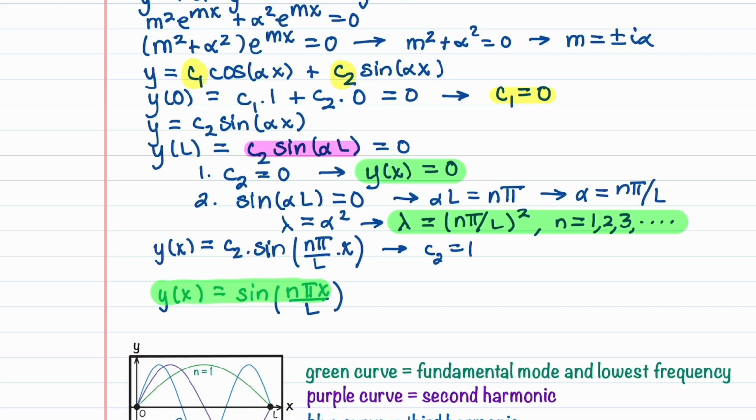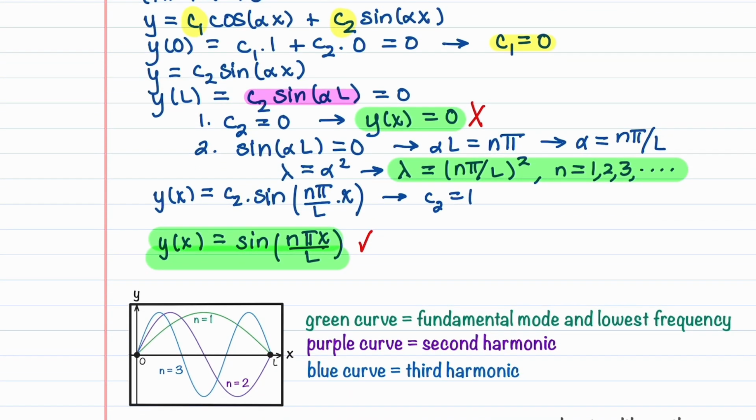Remember, the eigenfunction is the solution to the equation that is a non-trivial solution. This value of y is an eigenfunction, but this value of y is not an eigenfunction. Let's talk for just a minute about frequency.